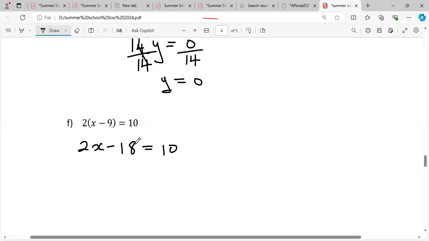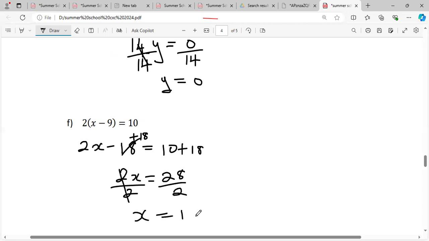So we know that we have to take the opposite of -18, which is +18. Ten plus 18 is 28. Then we divide by 2. Simple as that. So therefore, x is 14.